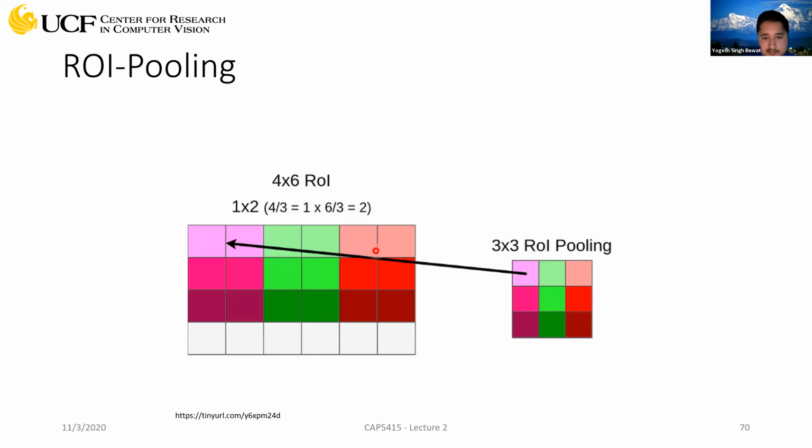In this case, the input is 4x6, the output is 3x3. So you'll have to do the width and the height separately. Let's talk about the width first. You need 3 pixels here, but in the input you have 6. So what you can do is convert 2 pixels to 1, and then you can easily get 3, right? So you can perform max pooling on these 2 pixels.